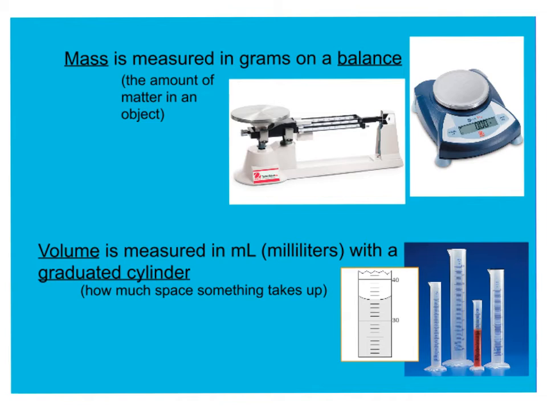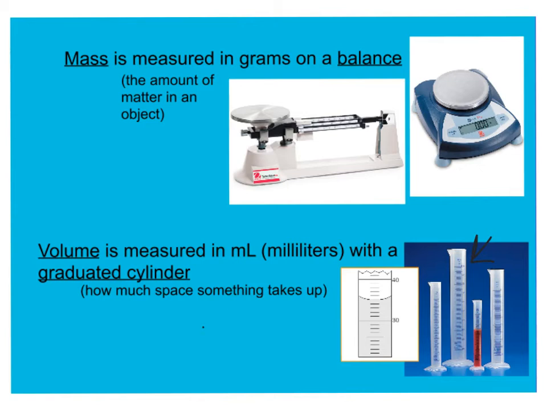Okay, here's a picture of an electronic balance or a scale, and this is how you measure the mass. This does not take into account gravity. We're just figuring out how much stuff is inside something. Volume, this is a picture of a graduated cylinder. We will be using these.